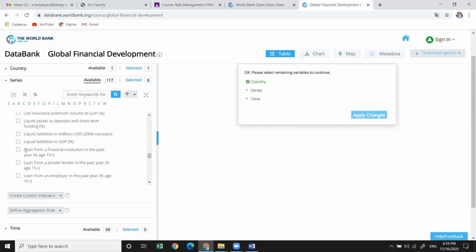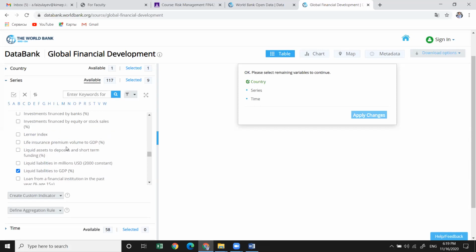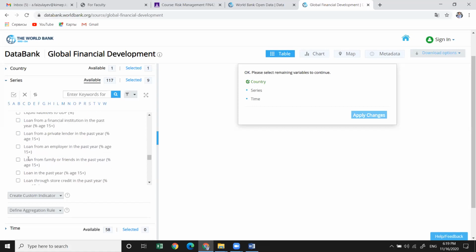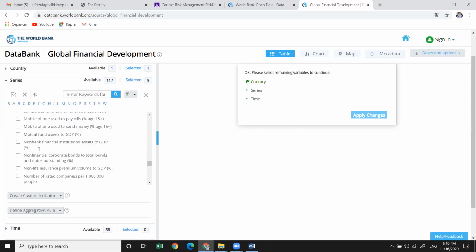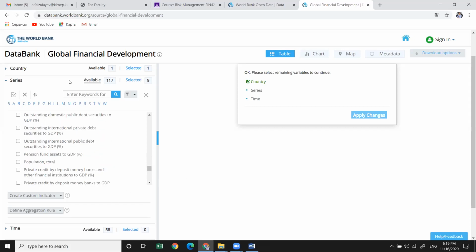Lerner index is measuring the competition level. Liquid liabilities to GDP measures the liquidity. Or we can use liquid assets to deposits and short-term funding, so we are measuring the liquidity of the companies. I think that's enough, what I just got.